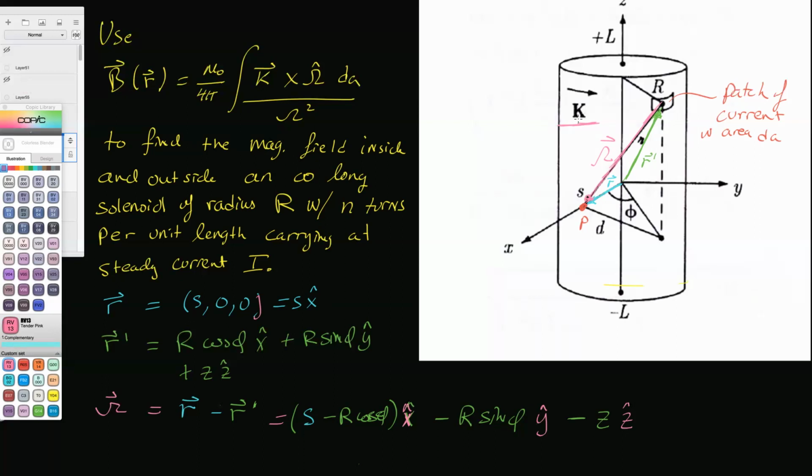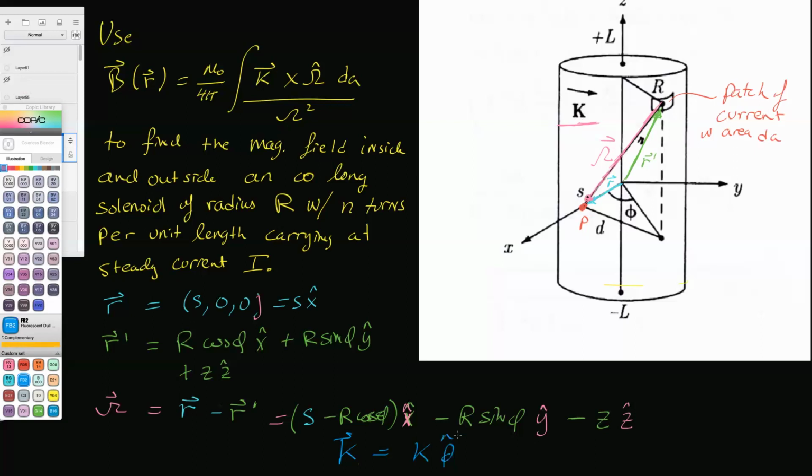So what unit vector is in the direction of K? Or a combination of unit vectors? Phi hat, absolutely, yes. So K is just whatever K is, the value of K in the phi hat direction.